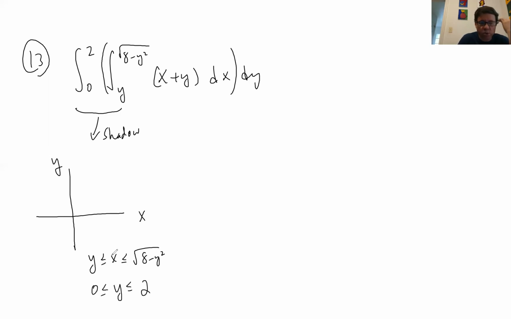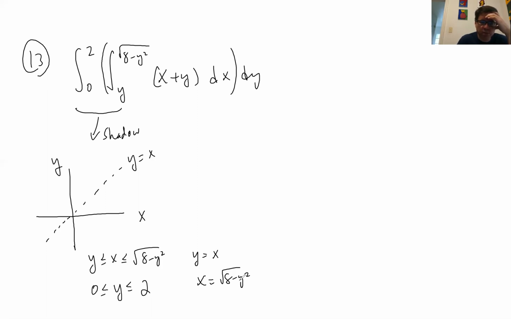So you have to write out what those two curves are. So we get x equals y on one side, and x equals the square root of 8 minus y squared on the other side. So y equals x, x equals y, that's just the dotted line. X equals this square root.